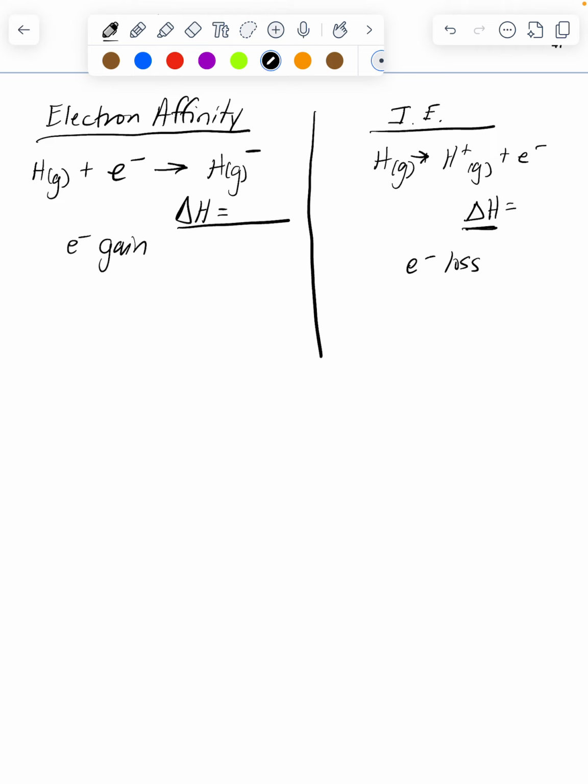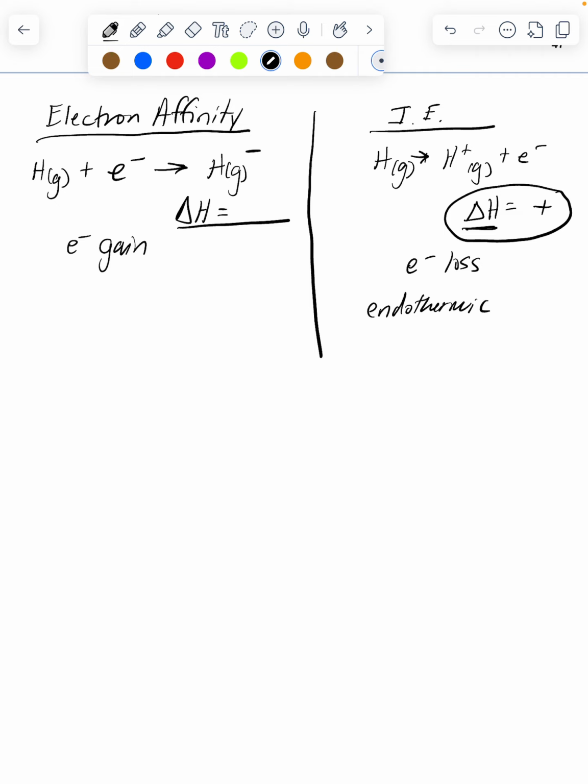Now, a key rule about energy that's going to hold true throughout the course is that anytime we are separating particles that are attracted to each other, anytime we are breaking bonds or removing things from one another, that's going to require an energy input. So the ionization energy and electron loss, where you're pulling an electron off of an atom, these values are always positive. So these are known as endothermic values: energy has to be put in to break the attraction between the electron and the atom.